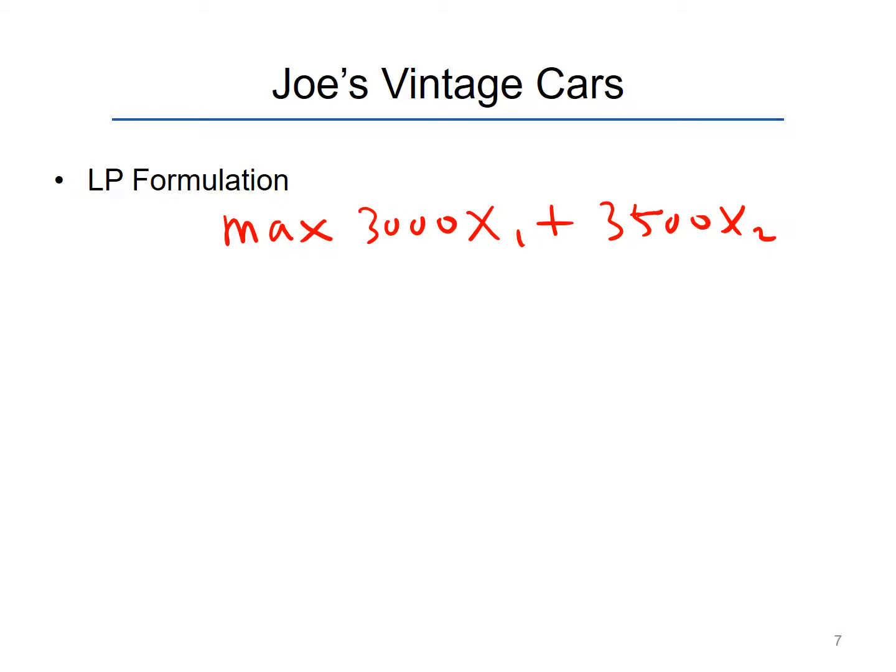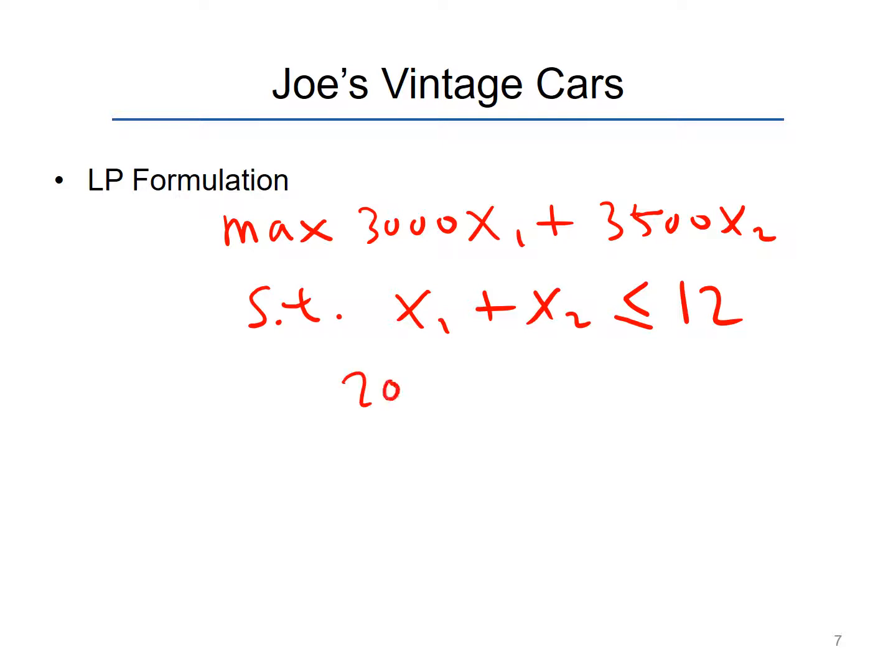This is my objective function, subject to the constraints. The sum of x1 plus x2, simply from the previous slide, cannot exceed 12 cars. So the number of cars that Joe works on in any given week cannot exceed 12.